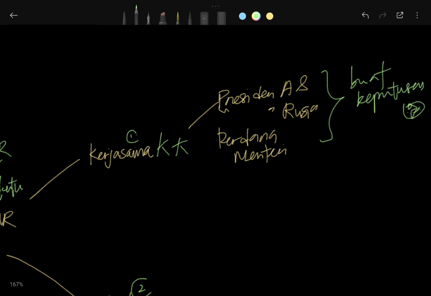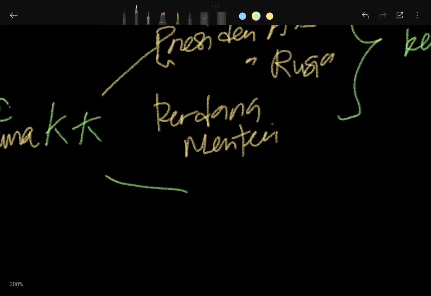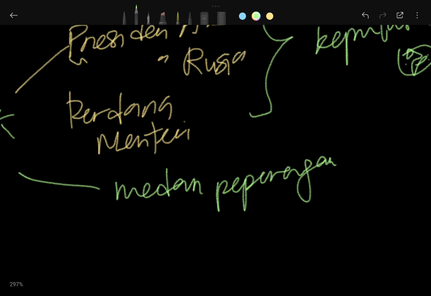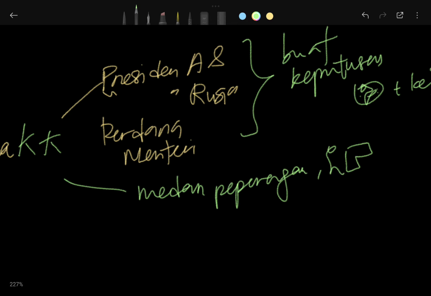Di medan peperangan, on the battlefield. Let me write this. Medan peperangan. Peperangan meaning war, the warring field, the battlefield. Tentera bersekutu, mereka buat apa? Ketiga-tiga perkhidmatan, iaitu tentera darat, udara, dan laut digunakan. They use all three kinds of soldiers, we can say, military ways of fighting.